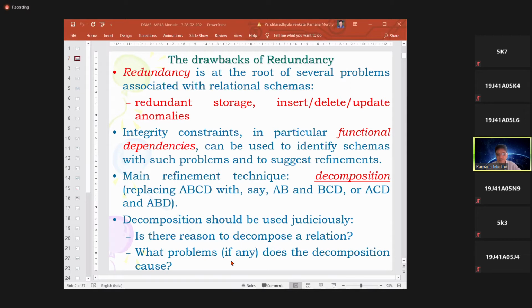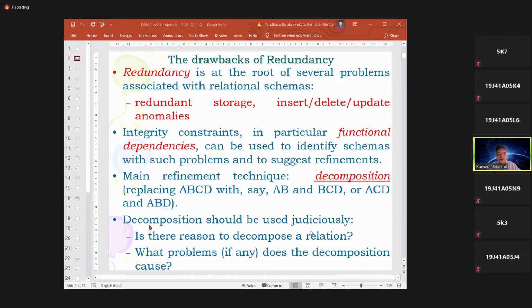We need to put some questions, and unless we get satisfactory answers, we can't do it. What should the questions be? Is there any reason to decompose a relation? That means we need to identify why we are dividing a table into 2 or more tables. Do you have a satisfactory answer for it? It may be based on the functional dependencies or something else, but we must have some answer for it.